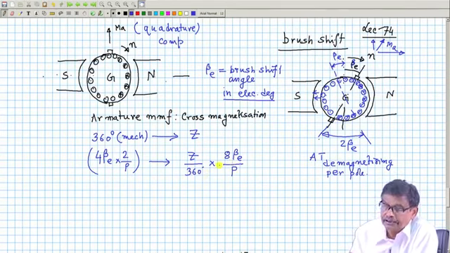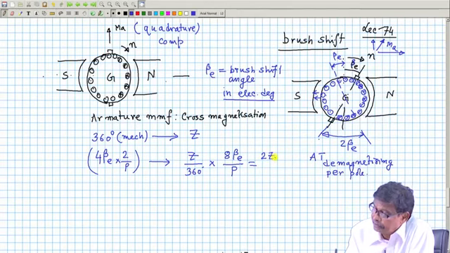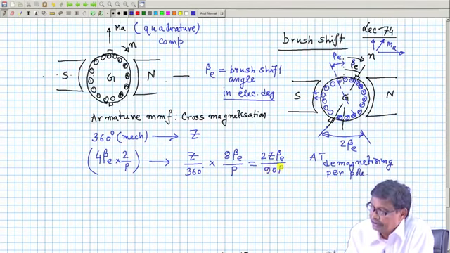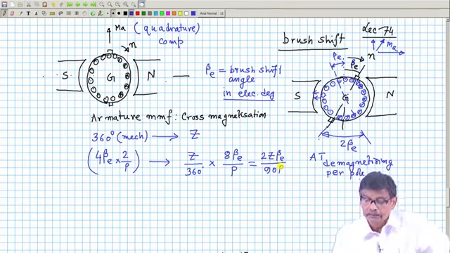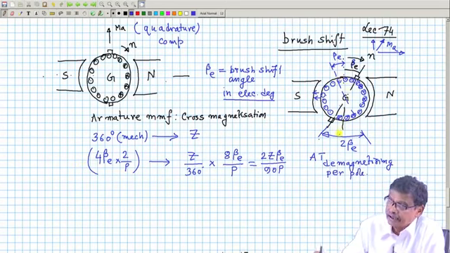So, this is like this, and this is equal to 2Z beta E divided by 4 you multiply 90 P, it will be like this. So, this is the conductors placed in this angle.